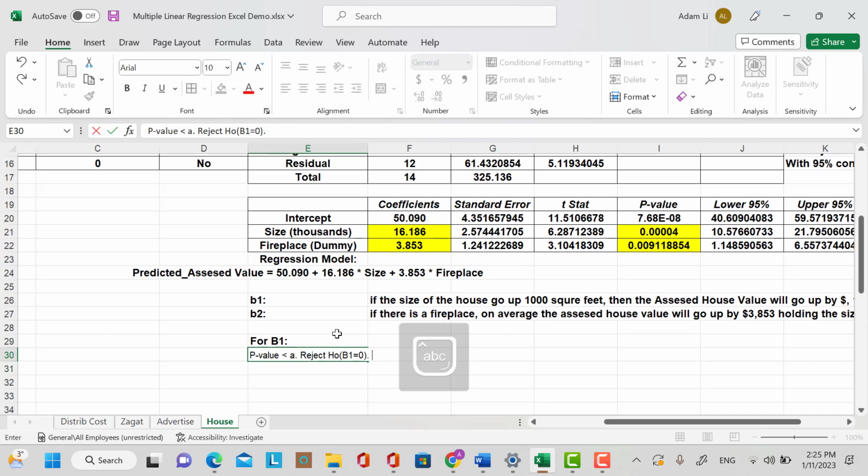So that means there is a linear relationship between size of the house and the assessed value.